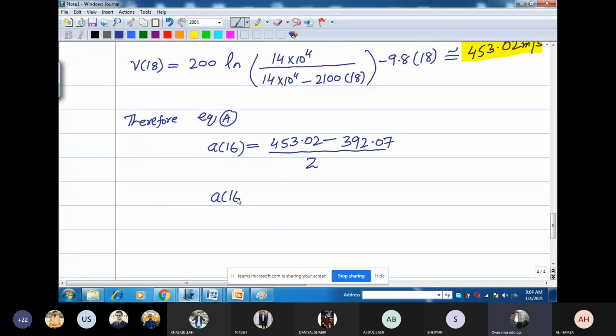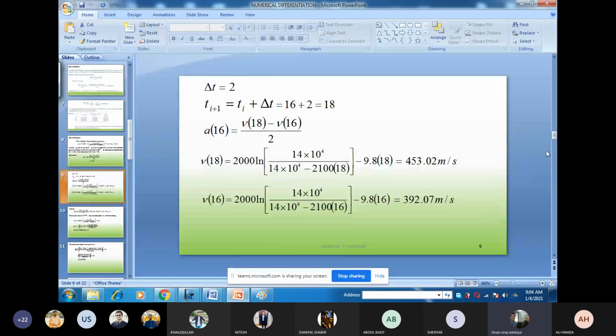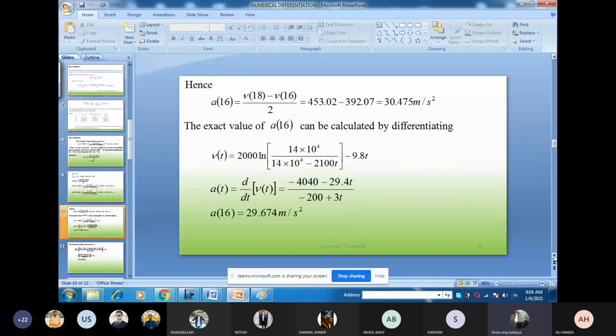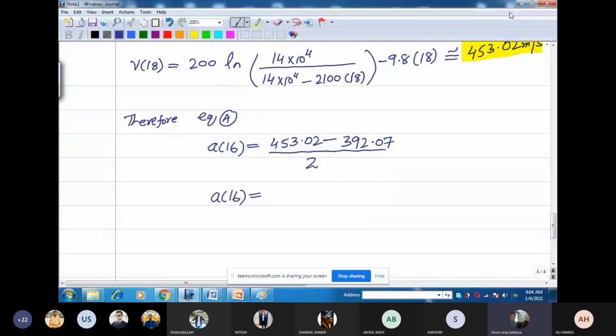Finally, acceleration at 16 seconds is 30.47 meters per second square, the unit of acceleration.